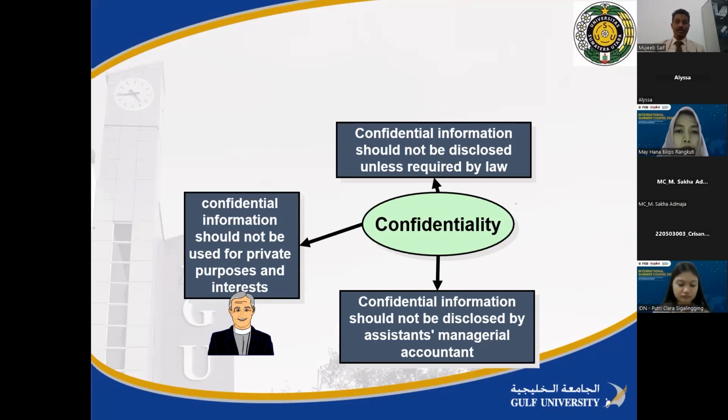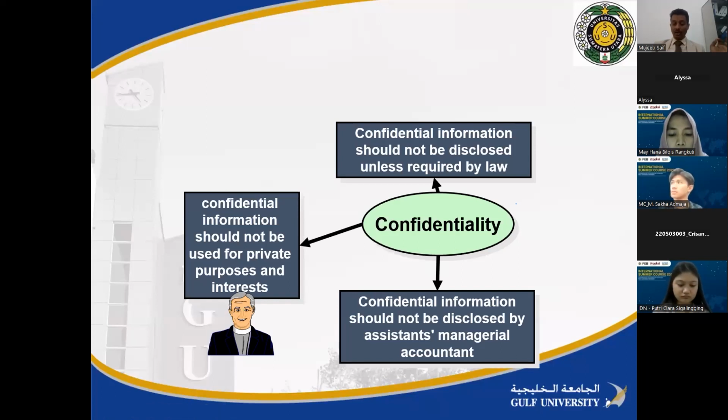Maybe there are some customers that create a lot of profit for my company. I cannot disclose all this information to a third party, to another organization in the same industry. So confidential information should not be disclosed unless it is required by law.